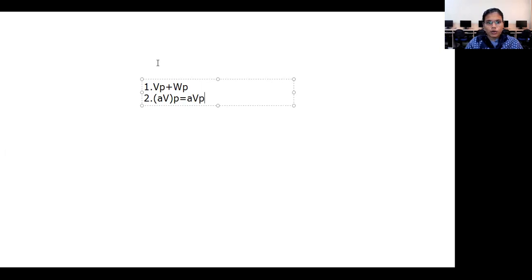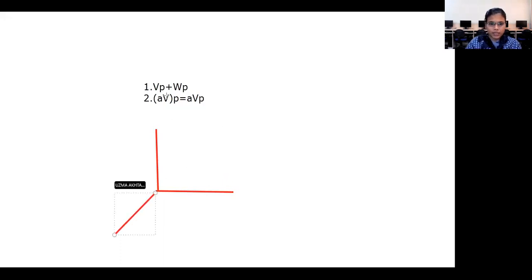Now let us draw our E3 space again. Now we will discuss what scalar multiplication is.